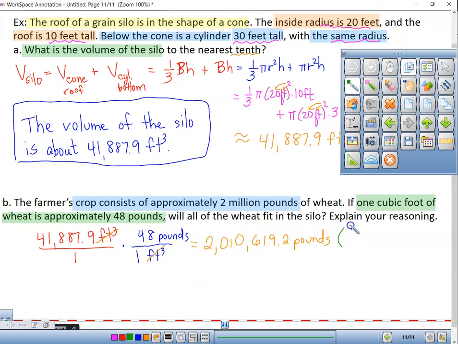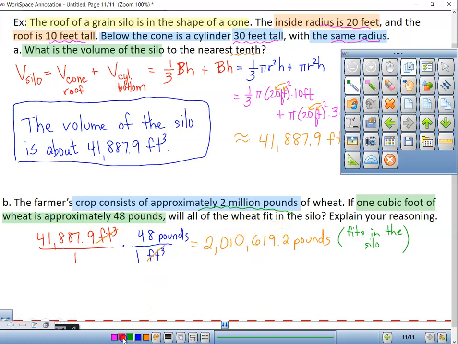This is what fits in the silo. And this is what the farmer wants to put in the silo, approximately 2 million pounds of wheat. So, since this number here is larger than 2 million, not much, but it is larger, the farmer should be able to fit all of the wheat in the silo.